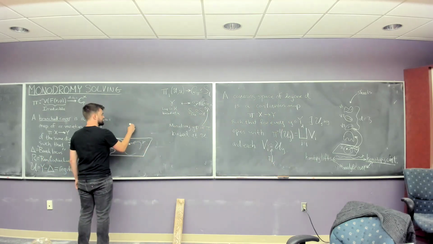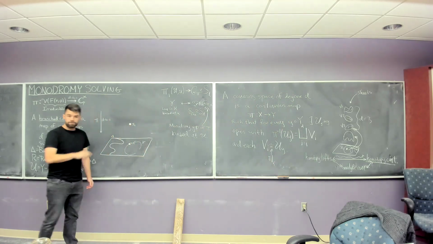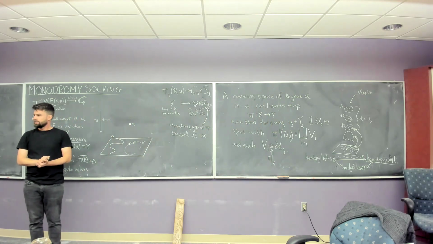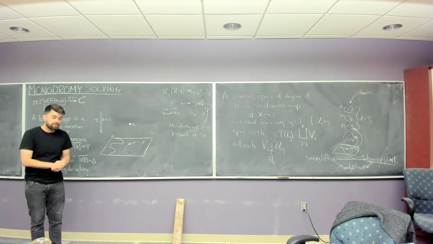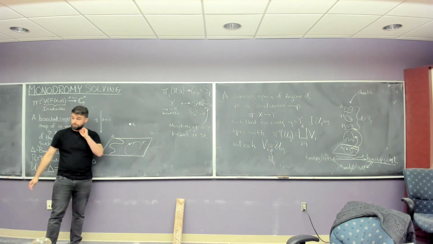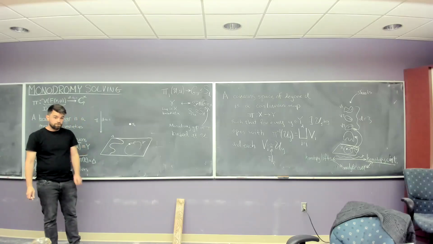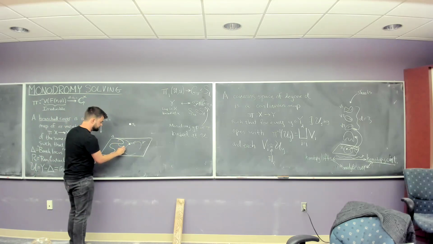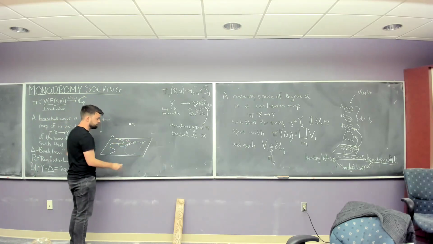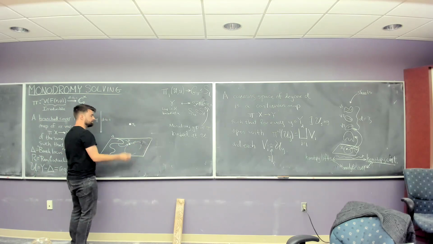Let's call it S1. Here's an algorithm to possibly find another. I will take some random loop downstairs, gamma, and I'm going to track S1 along gamma.